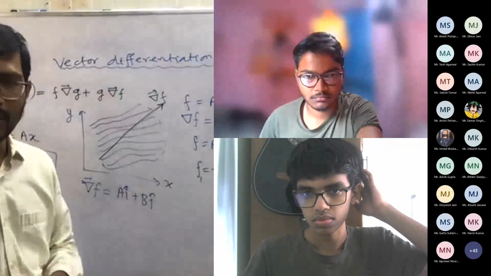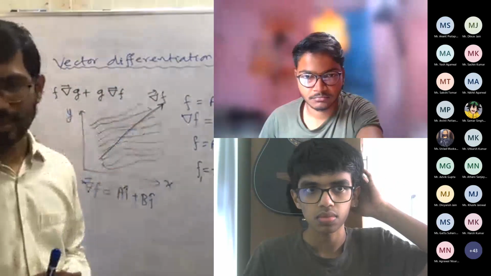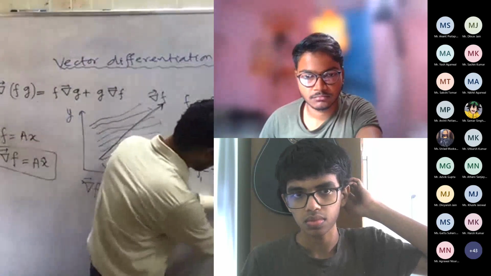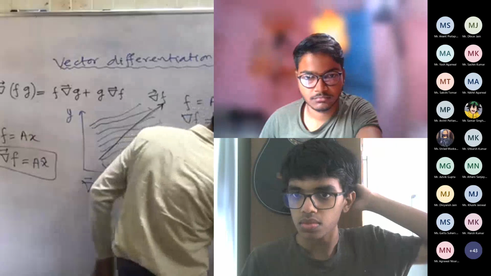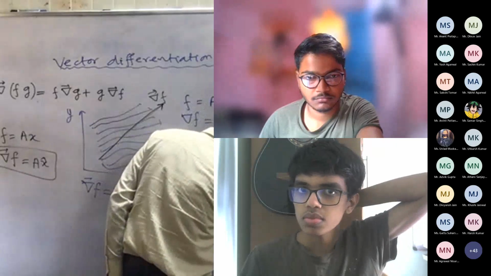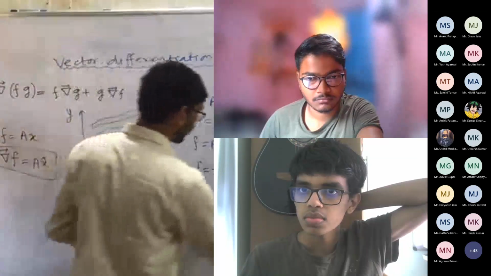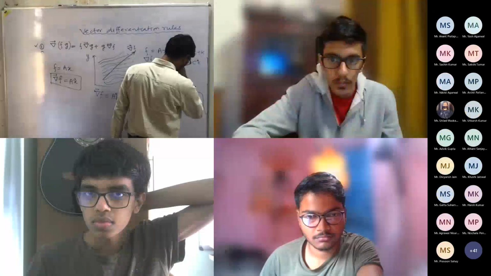So in a higher order, your gradient depends on the location. At a different point, you will have a different direction. It can be this way, or here it can be this way. Here at the top, it can be this direction. At the top, of course, your grad f will be 0. That says that there is a local maxima.